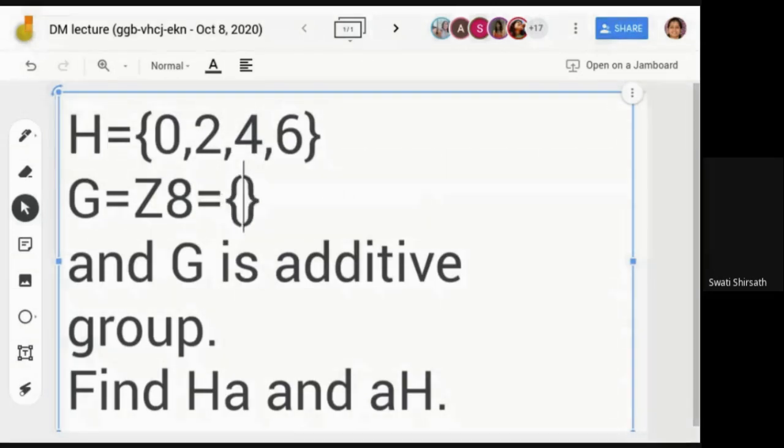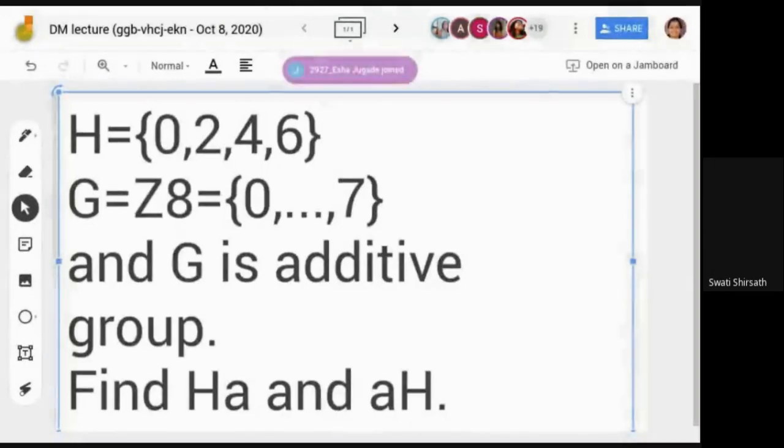Can someone tell me? Z8, and it is an additive group. 0 to 7. Correct. Good girls. Now it is easy for you. You know from where you have to take the value of small h and from where you have to take the value of small a. Should I write down here?